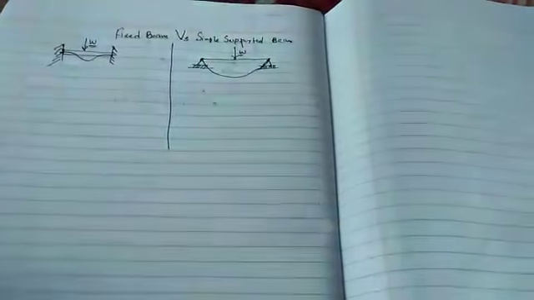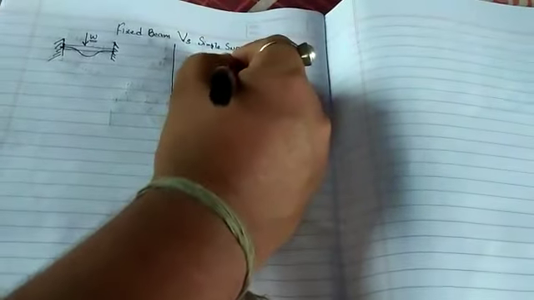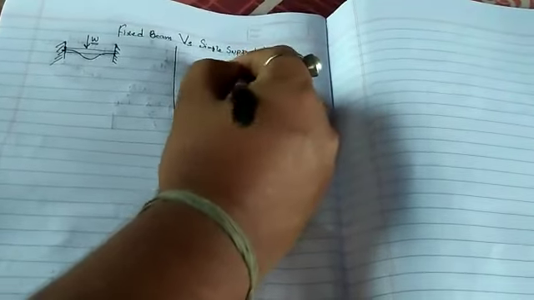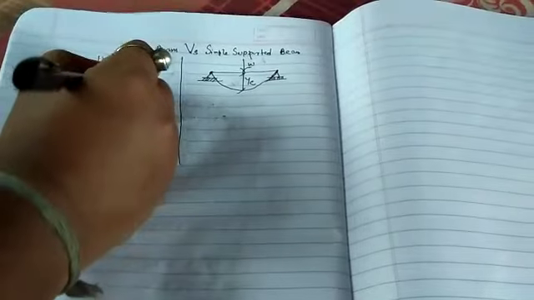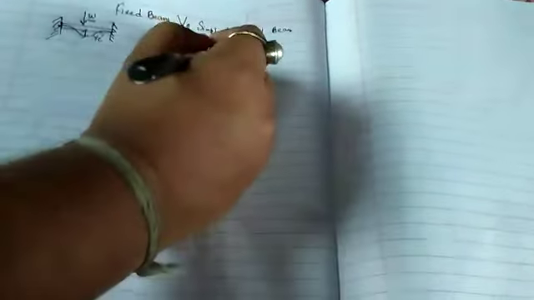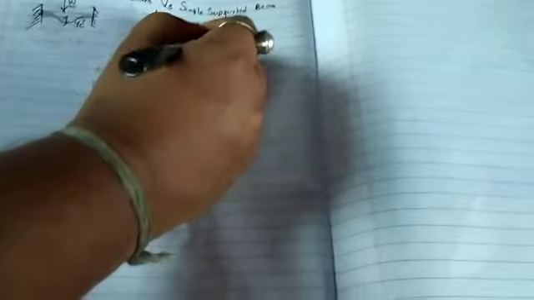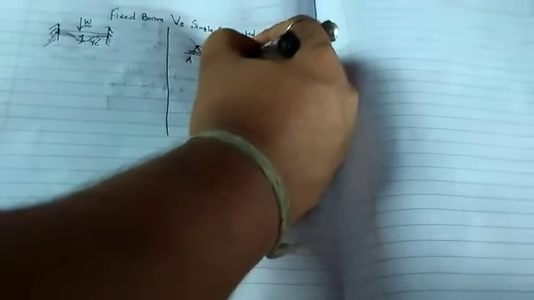The deflection in the simply supported beam, let's say, is YC, and in the fixed beam I am putting YC dash. If you talk about the slope, if you draw a tangent from this point on the fixed beam, the angle made is theta. If it is at A, it will be theta A, and if it is at B, it will be theta B. That is its slope.